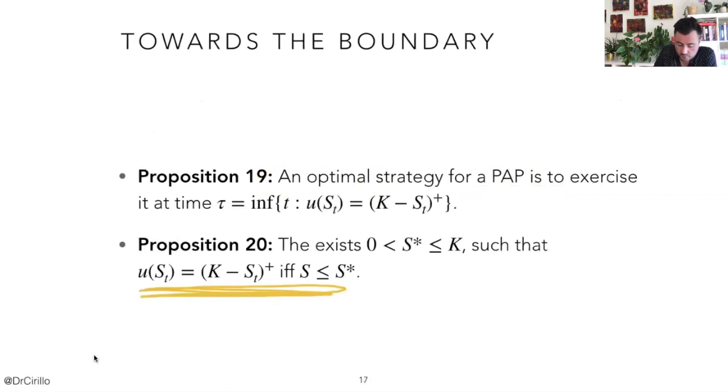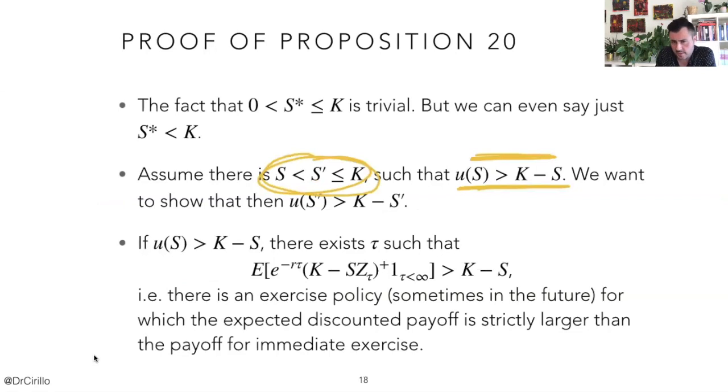If it is suboptimal for S, as we say here, remember what we have said in proposition 19: if it is suboptimal for the price level S to exercise the option, then if I take a price level that is larger than S, it is suboptimal also in that situation. Now, how can we prove that? Since we know that U(S) is larger than K minus S, it means that there exists some tau such that if I consider the expected discounted payoff of my perpetual American put, then this payoff is strictly larger than the payoff of immediate exercise.